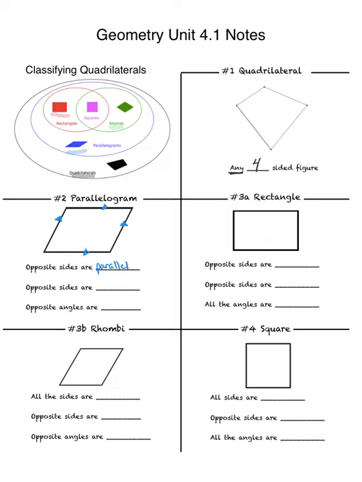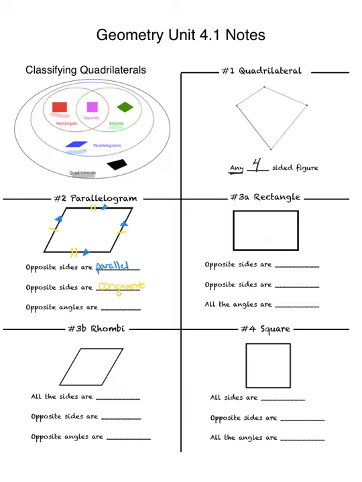Opposite sides are parallel. Opposite sides are also congruent. So this side is congruent to this side, and this side is congruent to this side. I use different marks because the arrowheads mean parallel lines, and the single line is a congruency marker. What else do we know?